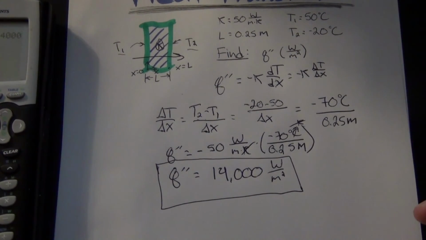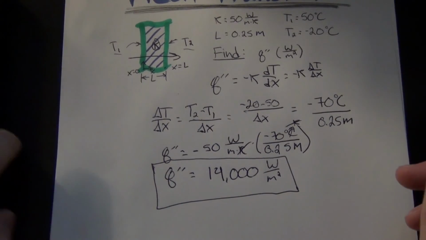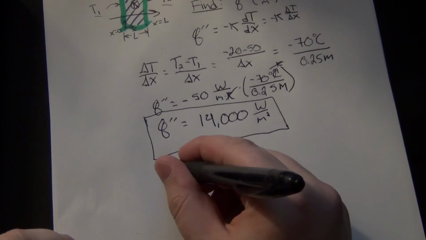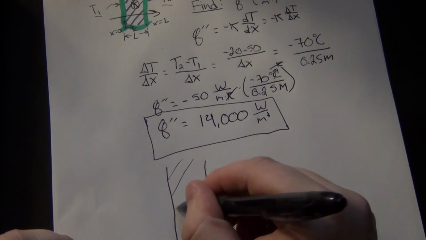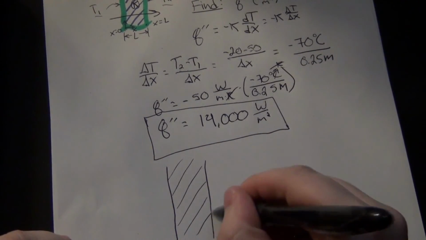So let's say we also wanted to think of what the temperature distribution is inside of the wall. For this case, it's really easy because we already said before that it's a plane wall, it's at steady state, all those assumptions.